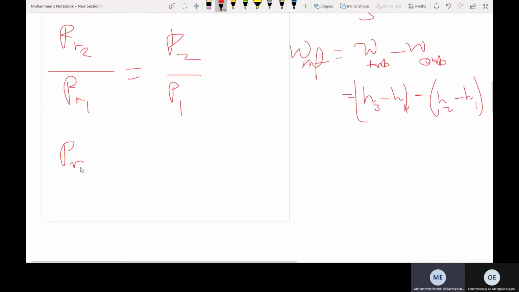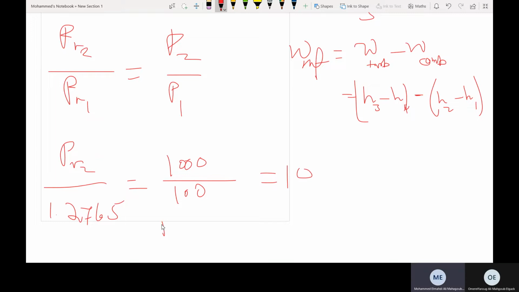The relative pressure at point 2, which I don't know, over the relative pressure at point 1, 1.2765, will be equal to 1000 over 100, because this is the pressure at point 2 and this is the pressure at point 1. Stay consistent in the units: this is in kilopascal, this is in kilopascal, which is equal to 10. So the relative pressure at point 2 will be equal to 12.765.